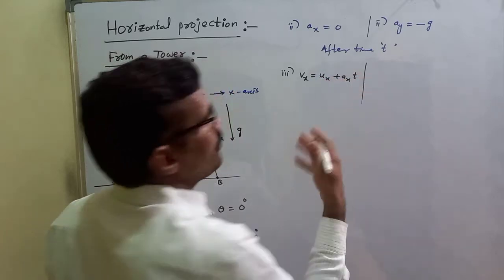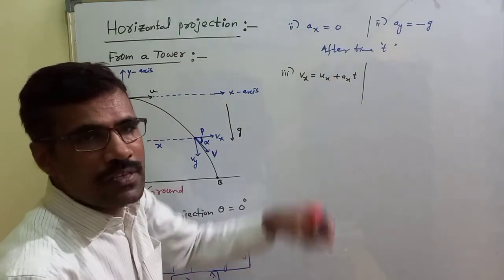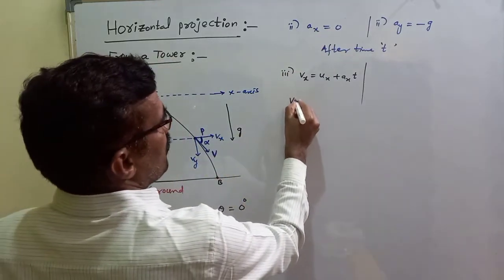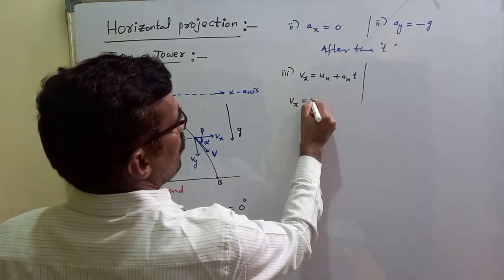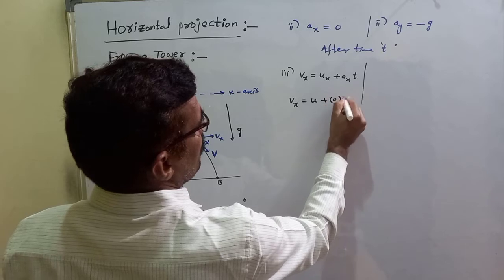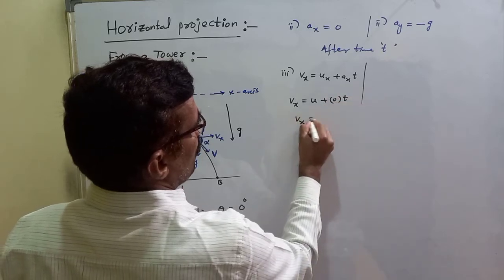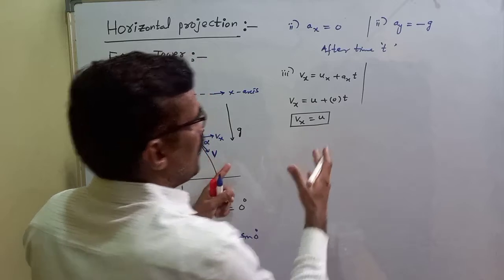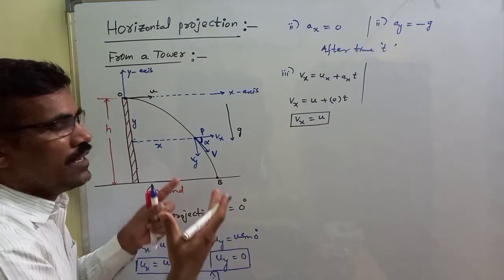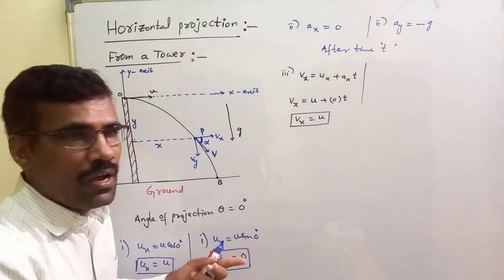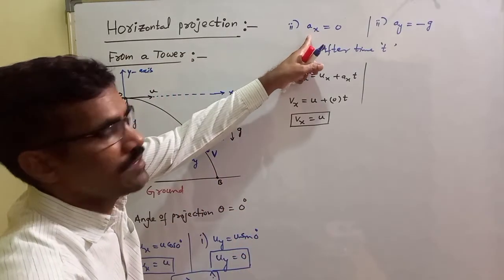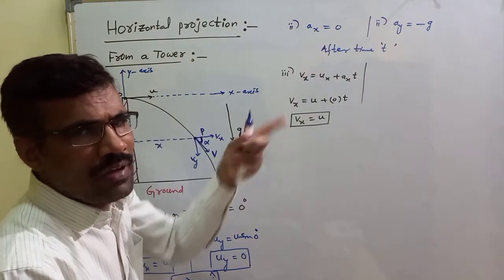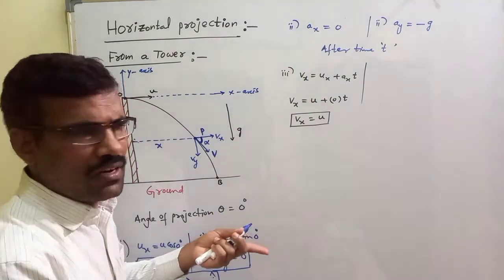After time t, v equals u plus at. ax is 0, ux is u. So vx equals u plus 0 into t. Here vx equals u only. Its velocity remains constant in the horizontal direction because there is no force in the horizontal direction. Acceleration is 0 in the horizontal direction, so velocity doesn't change.